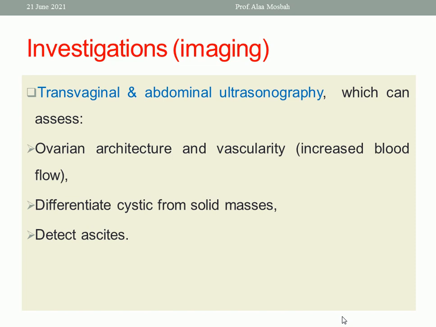So many abnormalities can differentiate cancer from benign lesion. Also by Doppler you will find abnormal vascularity and increased blood flow in the mass with abnormal blood vessels. This is by the ultrasound.